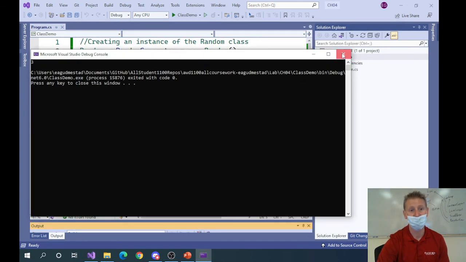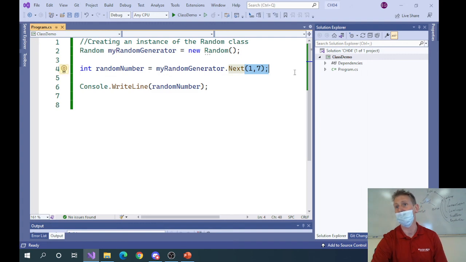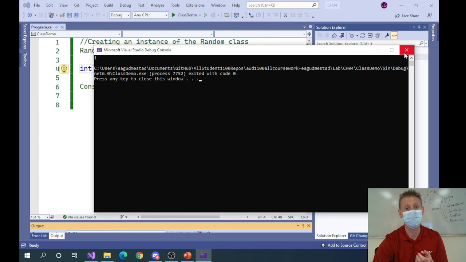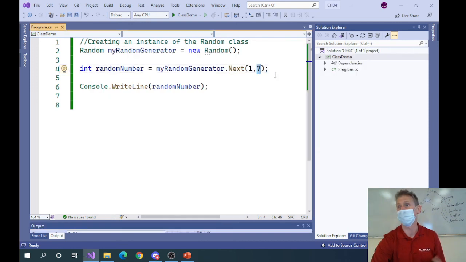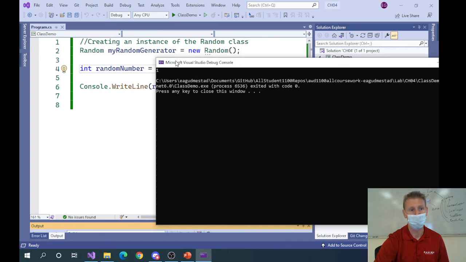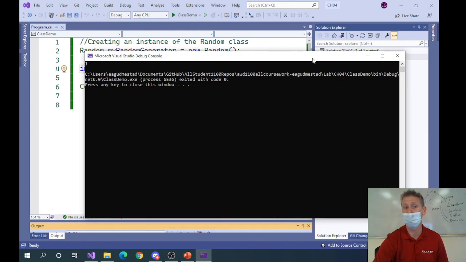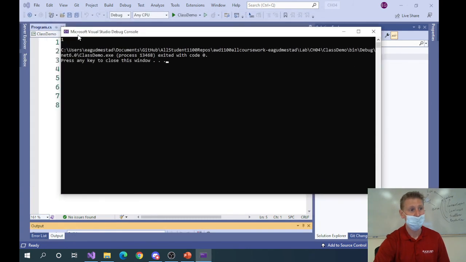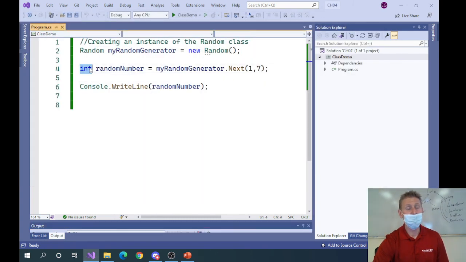You would not get a 7. People screw that up all the time because that upper bound is exclusive. So it does not include 7. So it's 1 through 6. There's our inclusive lower bound. Okay, that's if you want to generate random whole numbers.